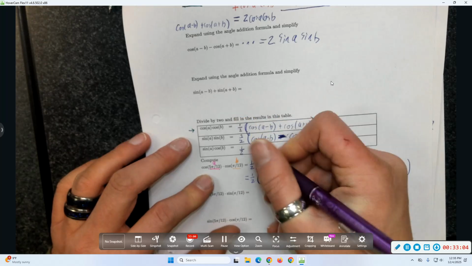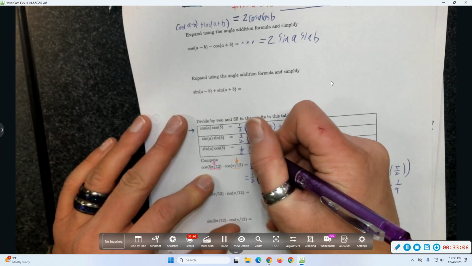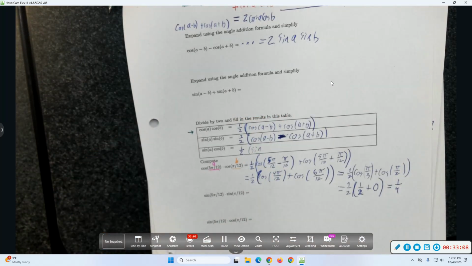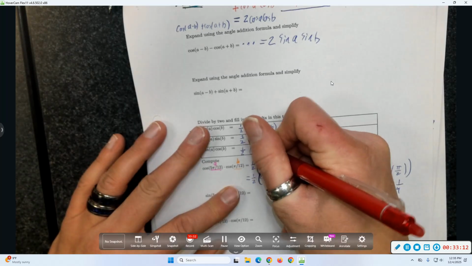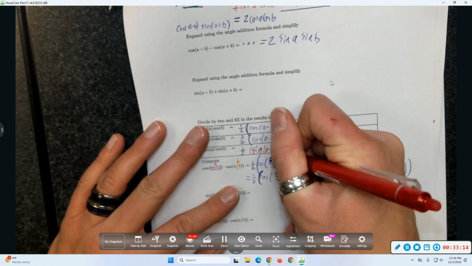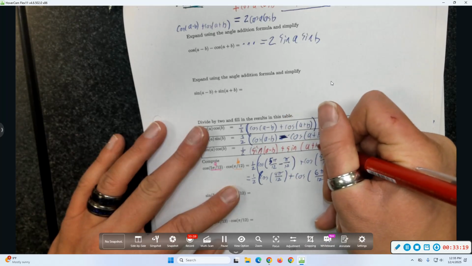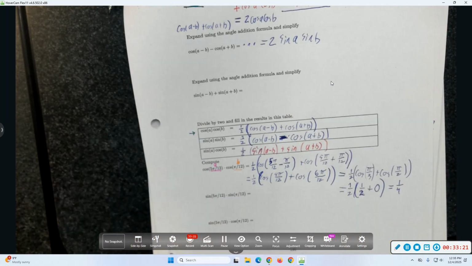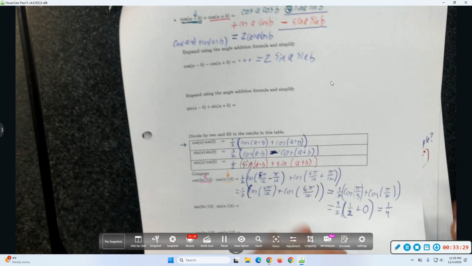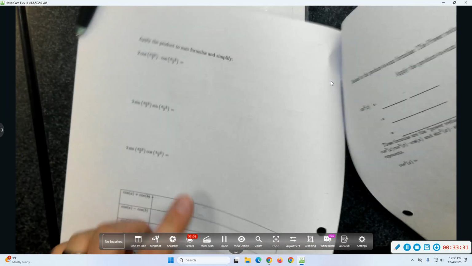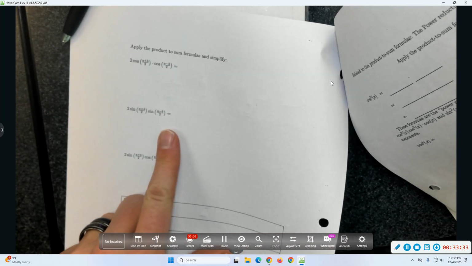Product to sum tells you that this is 1/2 sine of A minus B plus the sine of A plus B. I also need to replace that cartridge. Cool. So whenever you see a product of trig functions, you can write it as a sum.